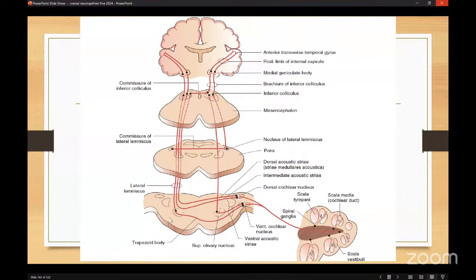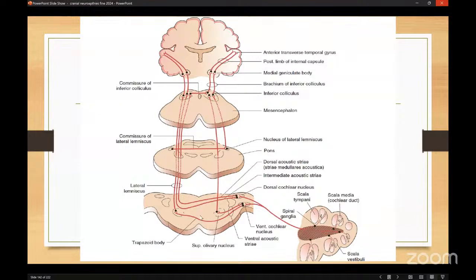It crosses over in the trapezoid body, then it carries forward in the lateral lemniscus. It goes to the inferior colliculus, to the medial geniculate body, and from the medial geniculate body to the transverse temporal gyrus, that is Heschl's gyrus. And there is always bilateral innervation.